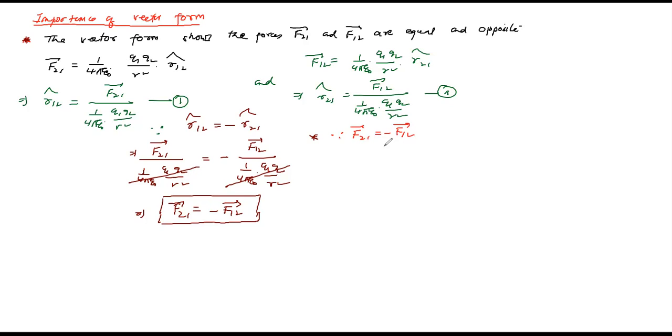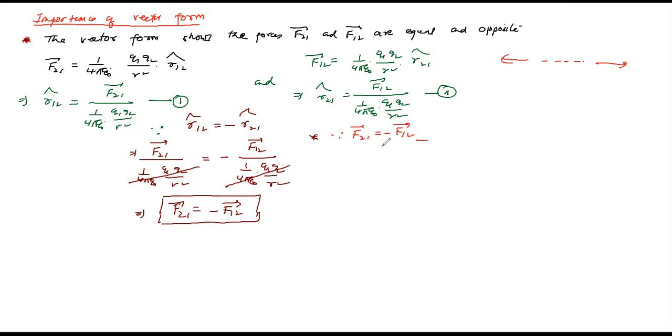Let me tell you, if these two forces are somewhere like this, can you say these two forces are acting along the same line? No, in that case you cannot write F1 equals F2. It will be wrong. But if they are acting along the same line, you can see in this case two forces are acting along the same line. You're getting my point? So this is the meaning.